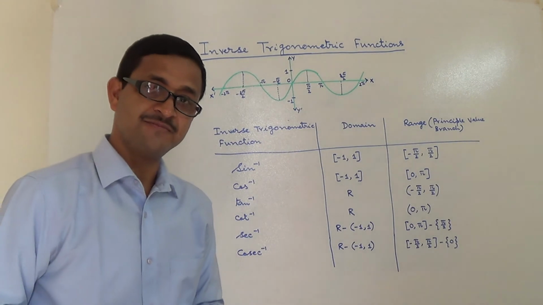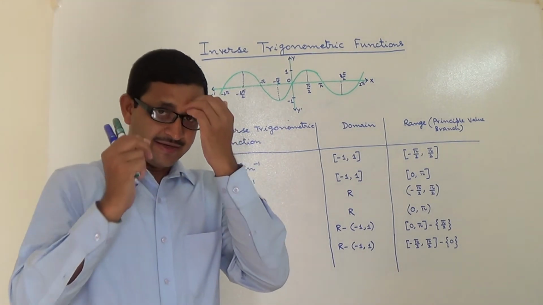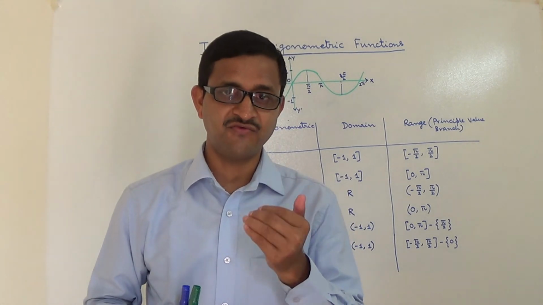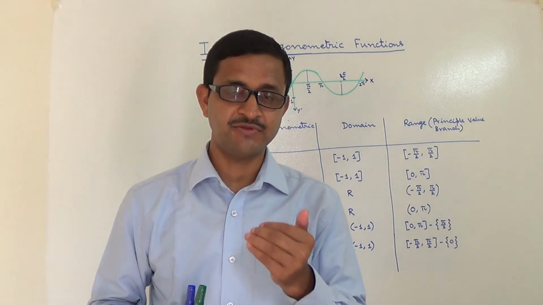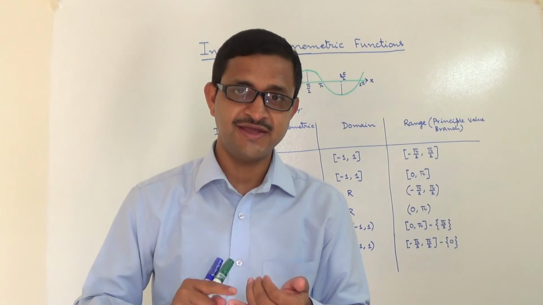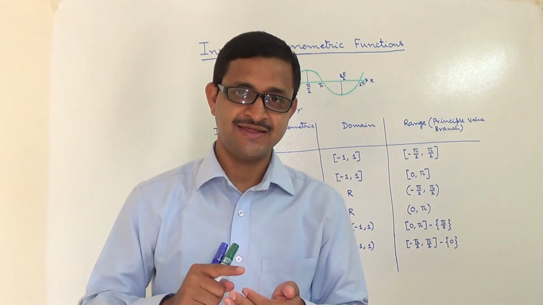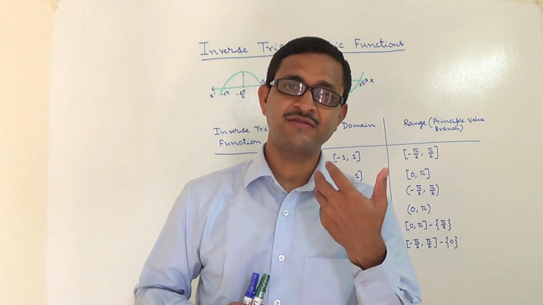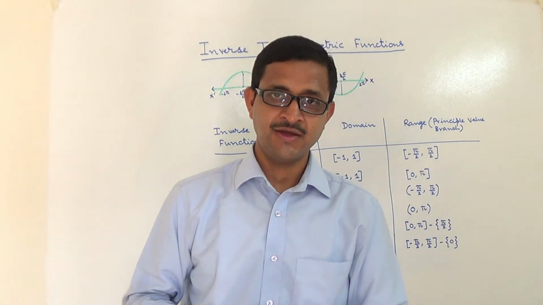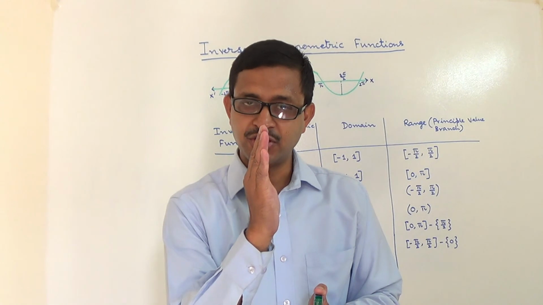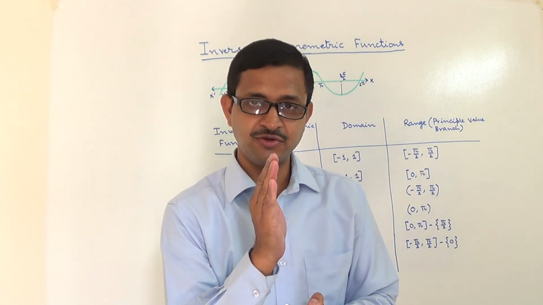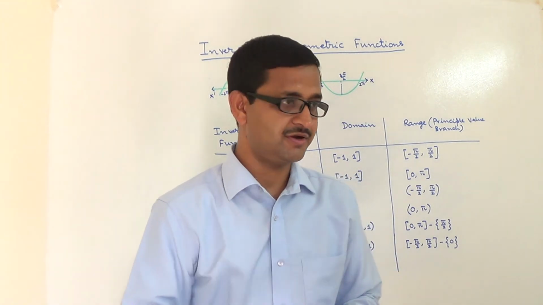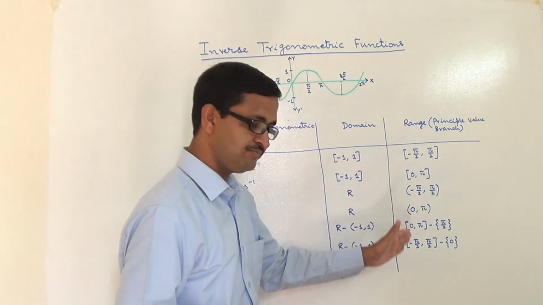So what we see is that if we reduce the domain of the trigonometric functions sine, cos, tan, sec, cosec, cot, then we can make the function invertible. Now that reduced domain of the trigonometric functions becomes the range of the inverse trigonometric functions, right?